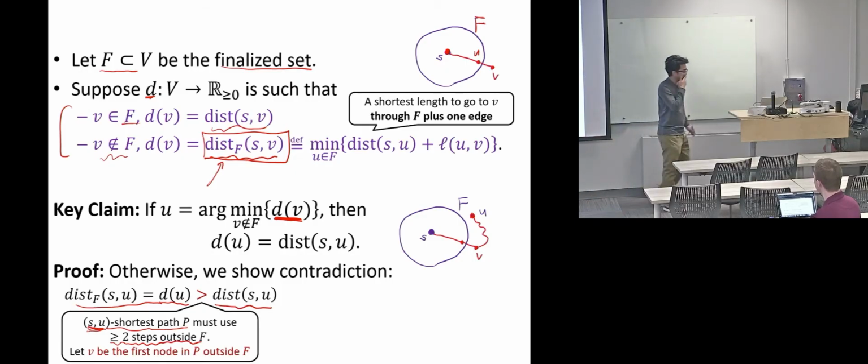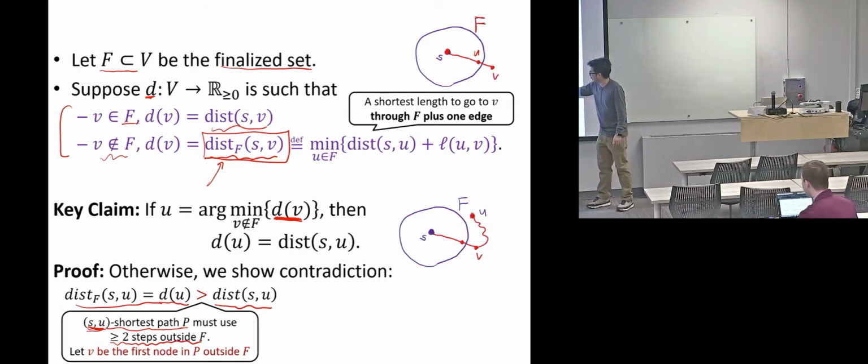Okay, so back to the proof. Suppose for contradiction that this is greater than this. Everyone agrees that the real shortest path to U must take 2 steps outside F. So let V be the first guy outside F in this path.